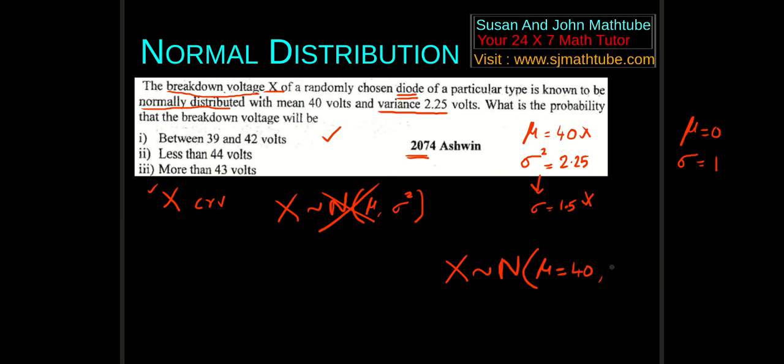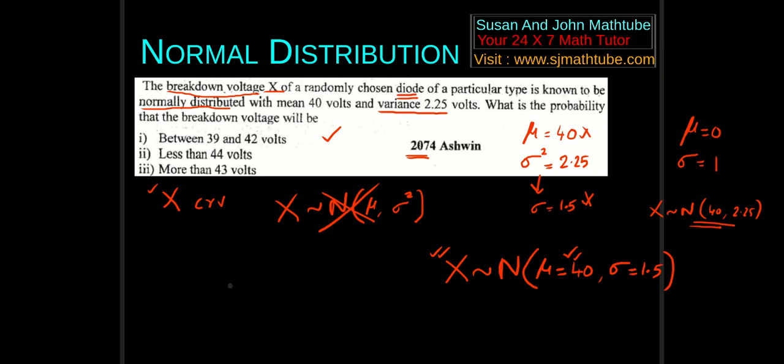If you wish to write sigma square, you write sigma square. This is a better notation. Don't put it like 40 comma 2.25 so that people will get confused. It's always better to be more clear. Anyway, I'm going to write sigma because to transform we need sigma, not sigma square.